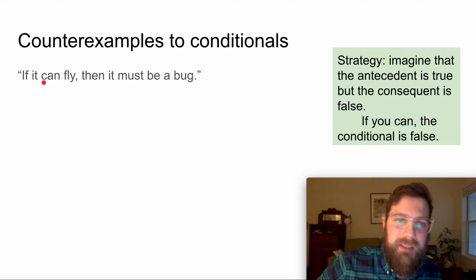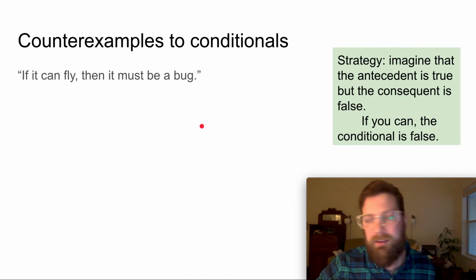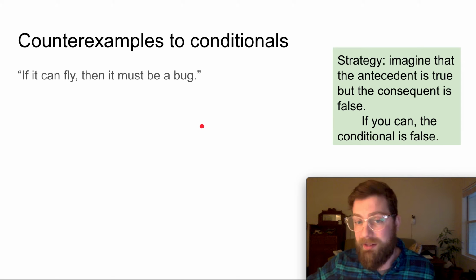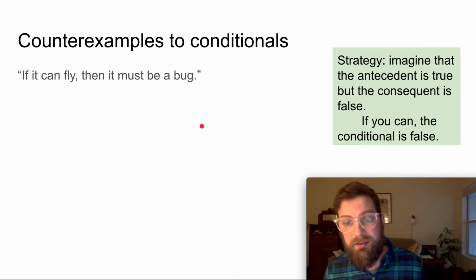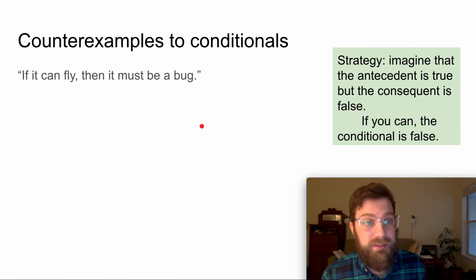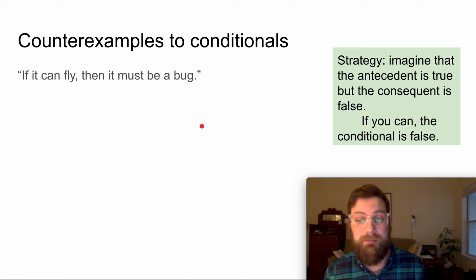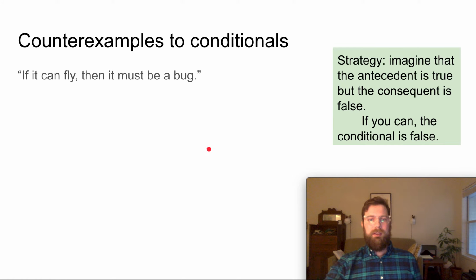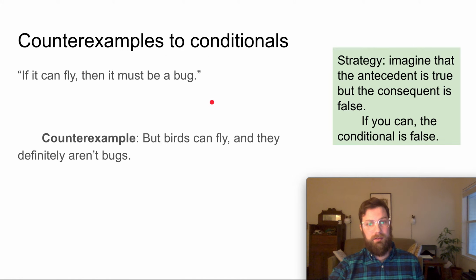So an example: if it can fly, then it must be a bug. That came up in our valid arguments discussion already. This is obviously an absurd conditional, right? But what do you do when somebody says something crazy like this? Well, you give them an example to show that the capacity of flight does not guarantee that you're a bug, right?